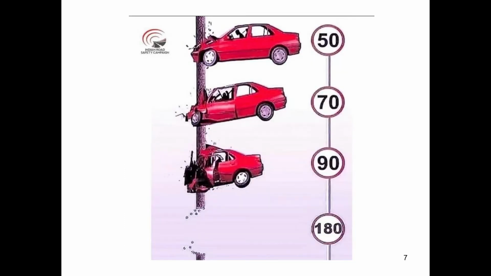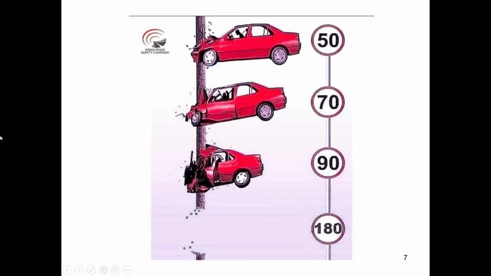Next, this is very important. The Indian Road Safety Campaign is launched, and it shows at which speed how much damage the vehicle will have. You can keep explaining to people that speed kills, but nobody listens.